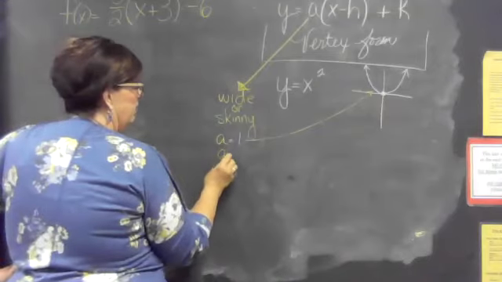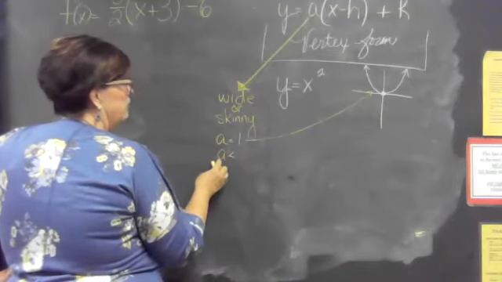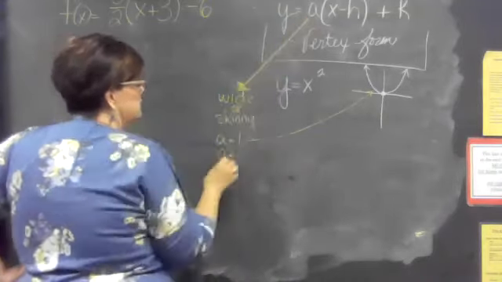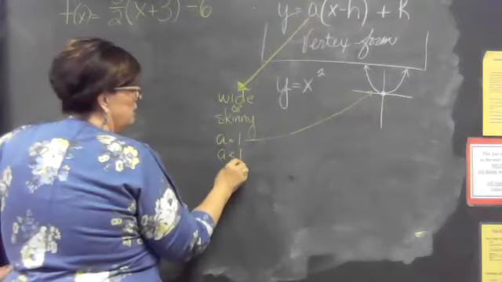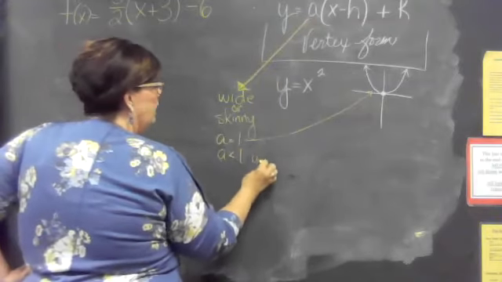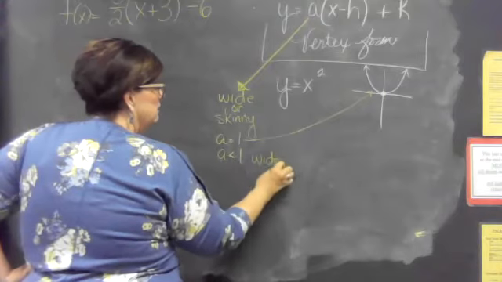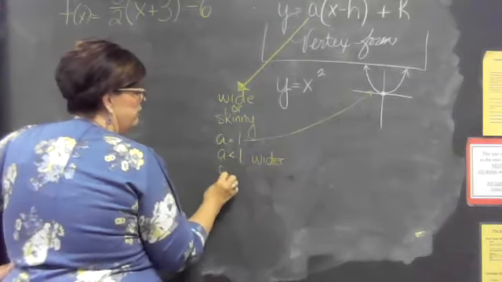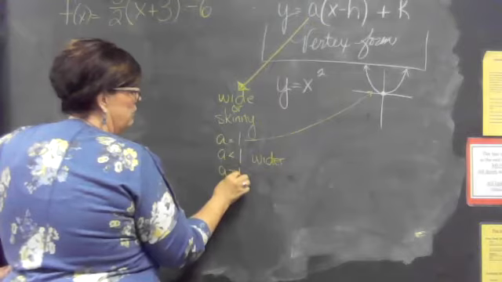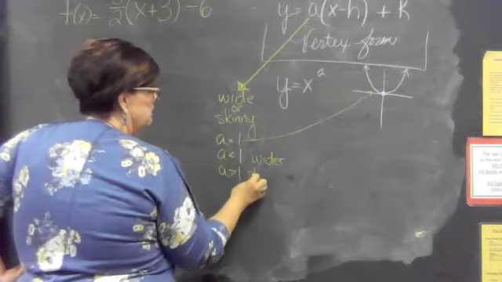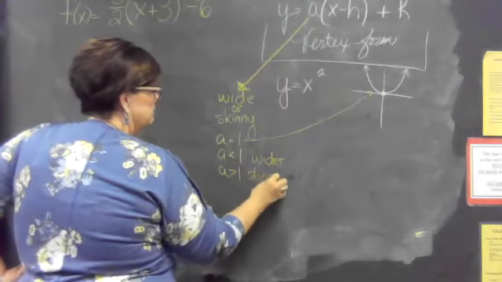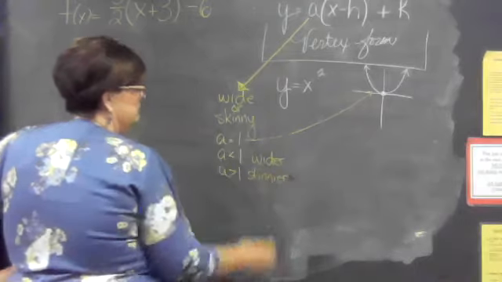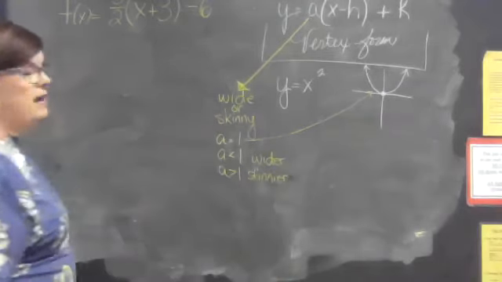If the coefficient in front of this parentheses is less than 1, then it's wider. If the value of A is greater than 1, then it's skinnier. Okay? That's what the A does.